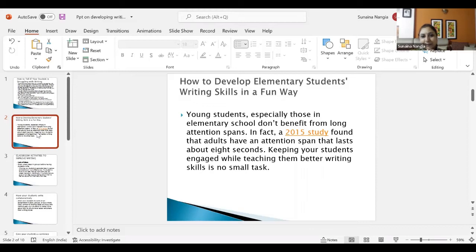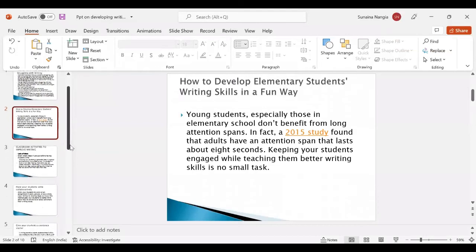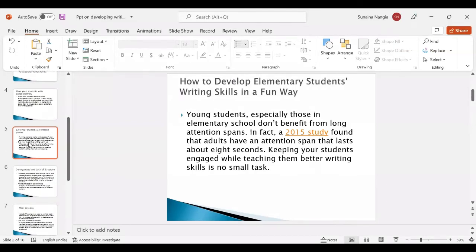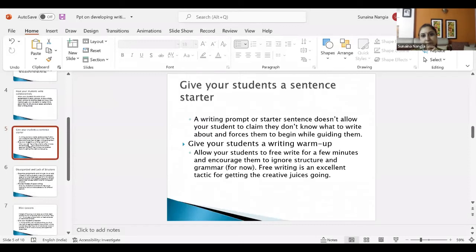So keeping your students engaged while teaching them better writing skills is no small task. We are all doing a Herculean task already of getting them to write and making them understand what we want them to do. So give your students a sentence starter.